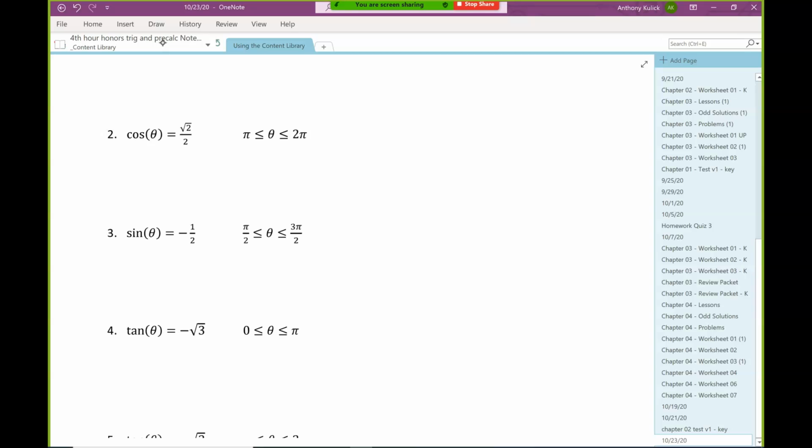So first thing I'm going to do is look at the cosine theta that we have available to us here. So cosine is positive in what quadrants? 1 and 4, because cosine is x, and the x coordinate is positive in quadrants 1 and 4.